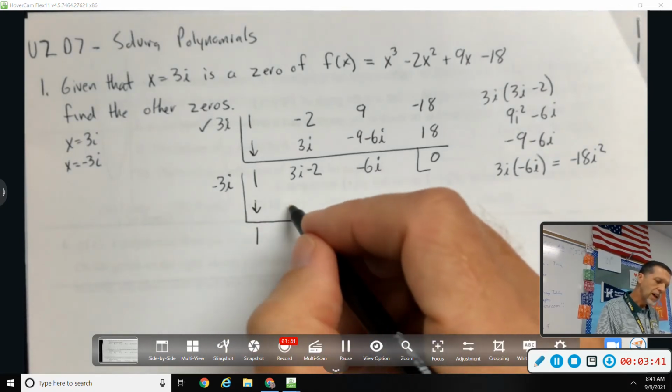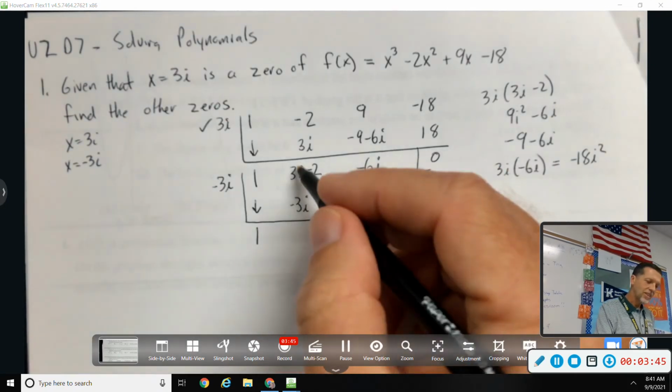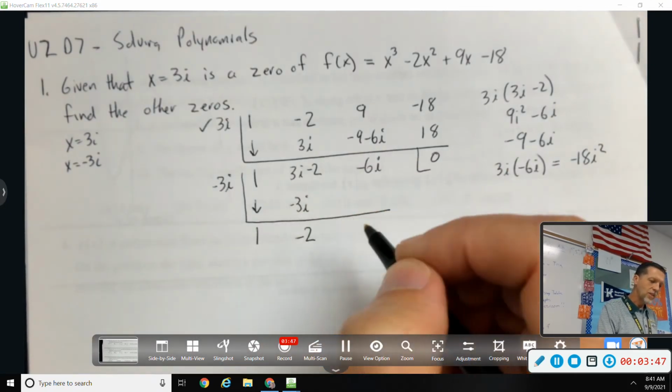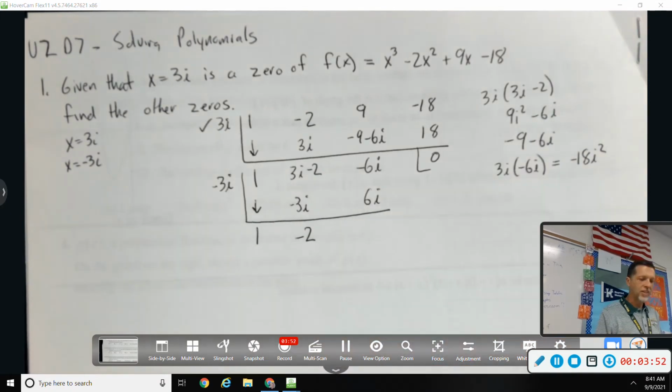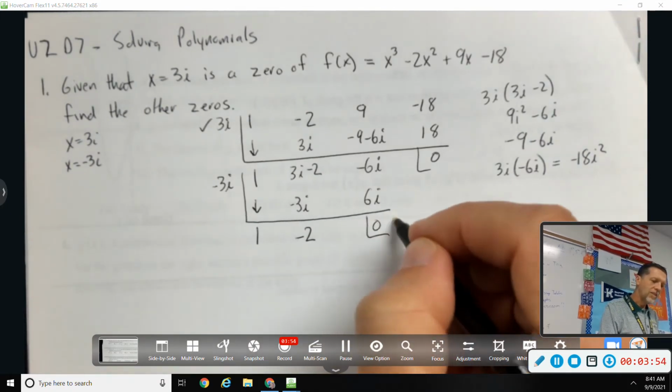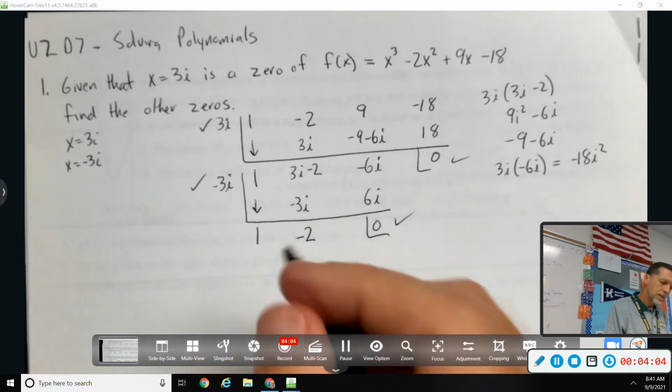So multiply, we get negative 3i. Oh, that's nice. It's minus 2. Multiply 6i. That gives us 0, which confirms what we already knew. What does 1, negative 2 mean? What are we left with? That means it's x minus 2.